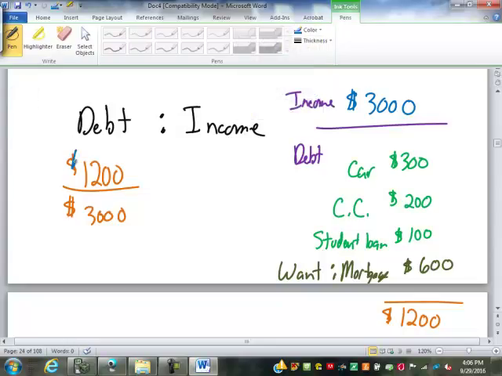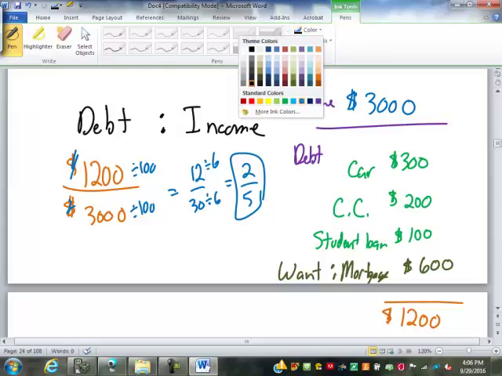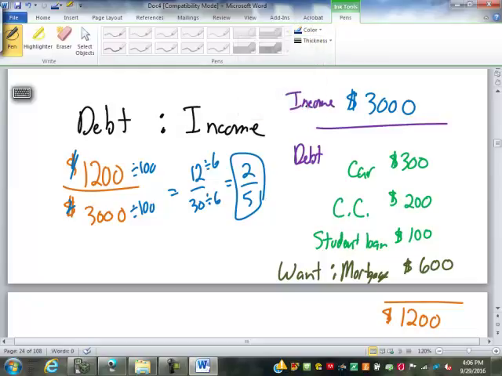Now the dollars divide out, they cancel out again. 1,200 and 3,000 can both be divided by 100. That gives me 12 over 30. Both of those can be divided by 6. That gives me a 2 to 5 debt to income ratio. The standard in the industry was always a 1 to 3 debt to income ratio.